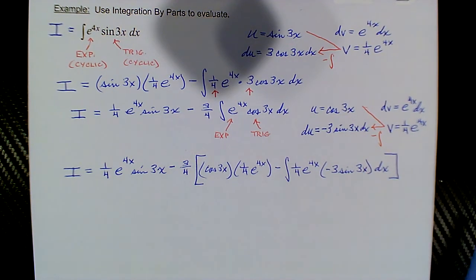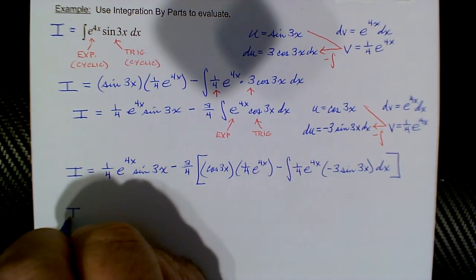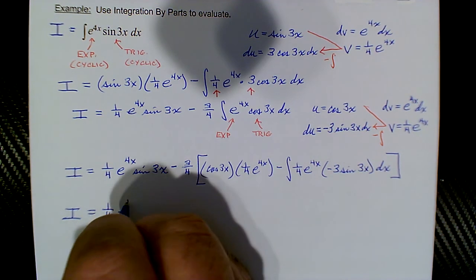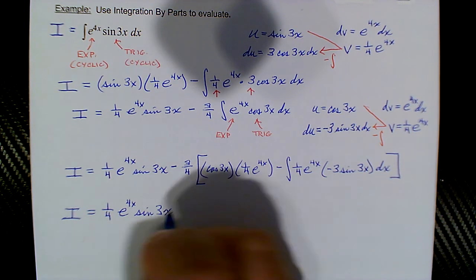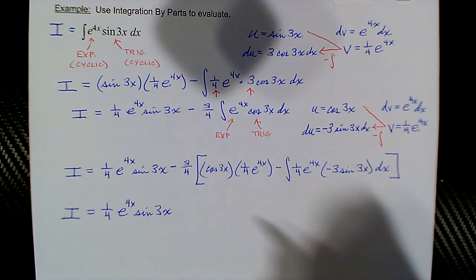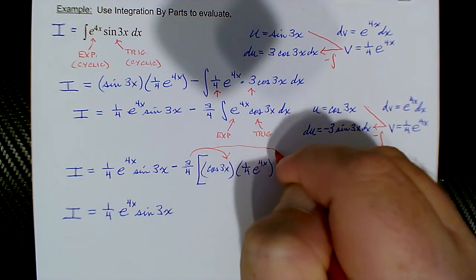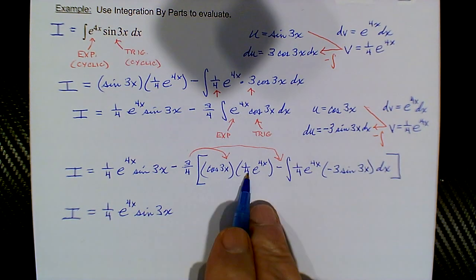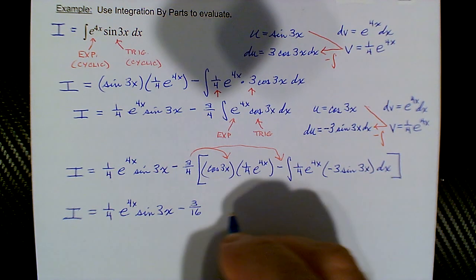Now here you've got to be really careful, because at the same time that we distribute this negative 3/4, we get a quarter here, but then don't forget as well, negative 3/4 times this 3/4 would be negative 9/16. And then we have the integral of e to the 4x sine of 3x with respect to x.